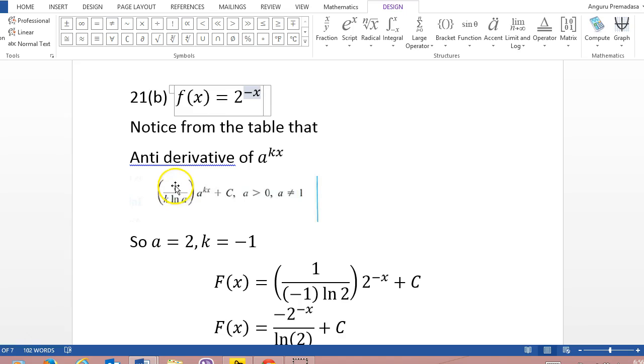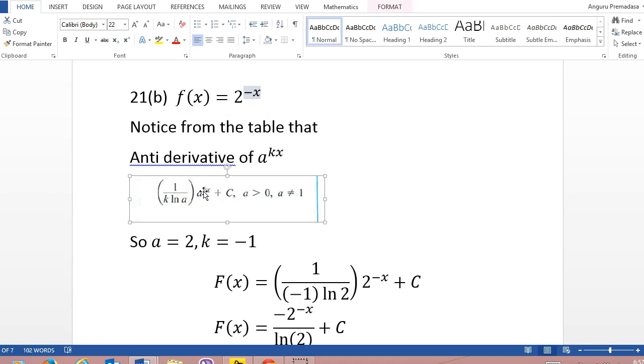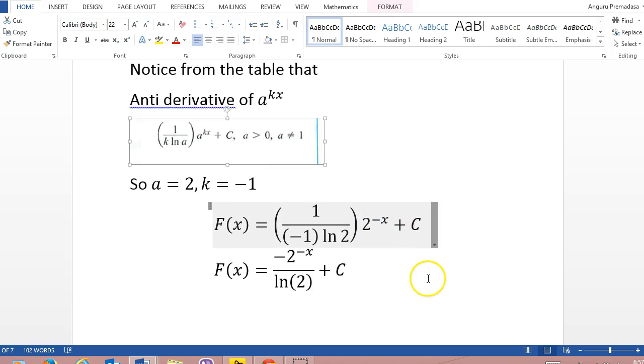So when you plug in a equals 2 and k equals minus 1, you get the antiderivative of f of x here as 1 over minus 1, and then natural log of 2, because a is 2, so 2 to the k again is minus 1, so 2 to the minus 1 times x, which is 2 to the minus x plus a constant.